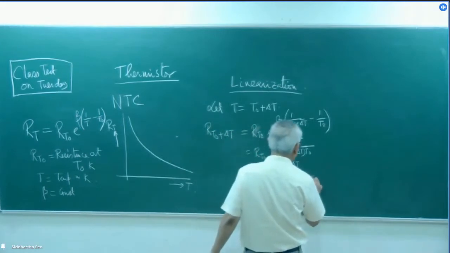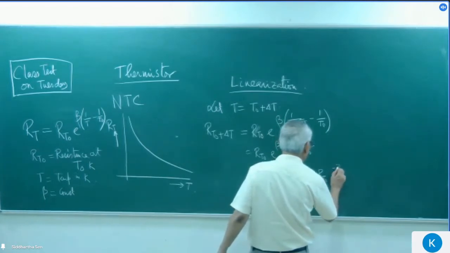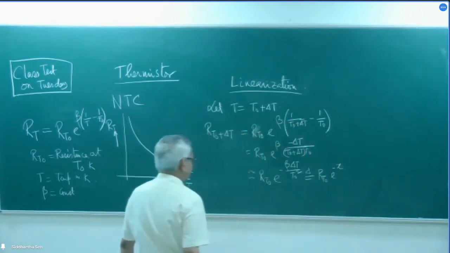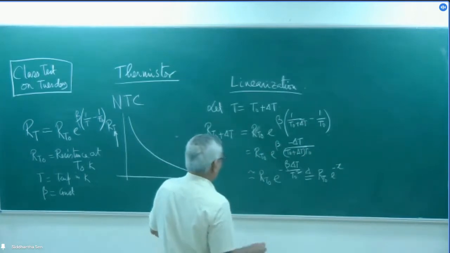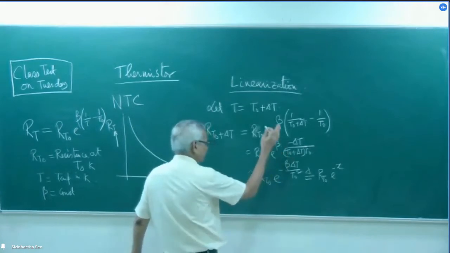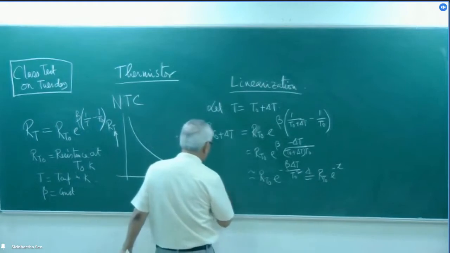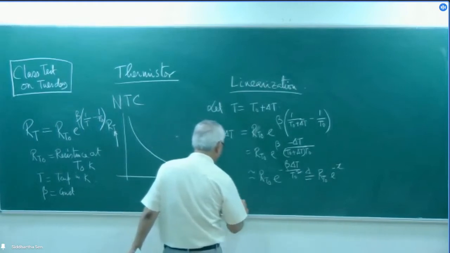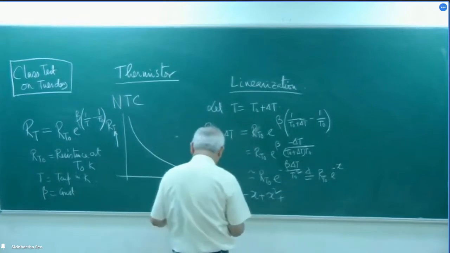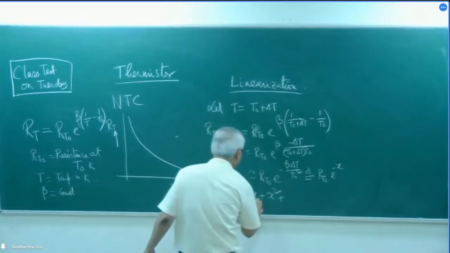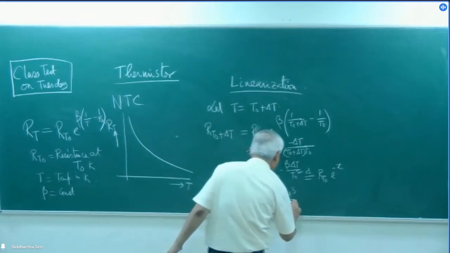This one I can define as RT0 into e to the power minus x, where x is equal to beta delta T by T0 square. And we know that e to the power minus x can be expanded by Taylor series. If I am making any mistake, please correct me.